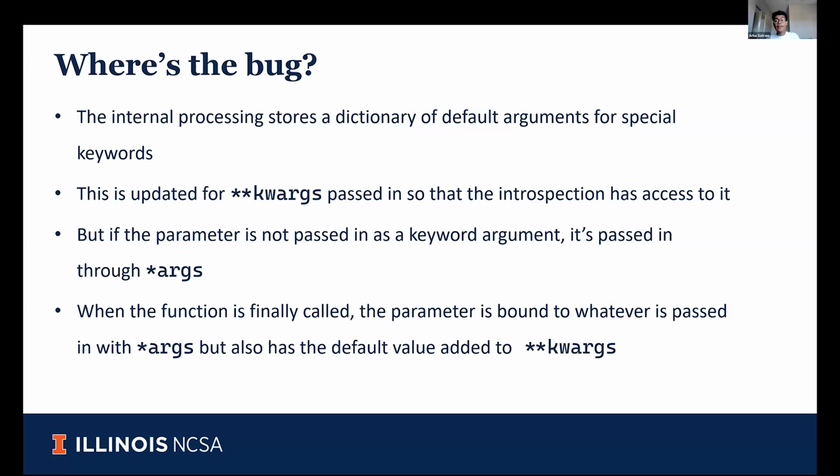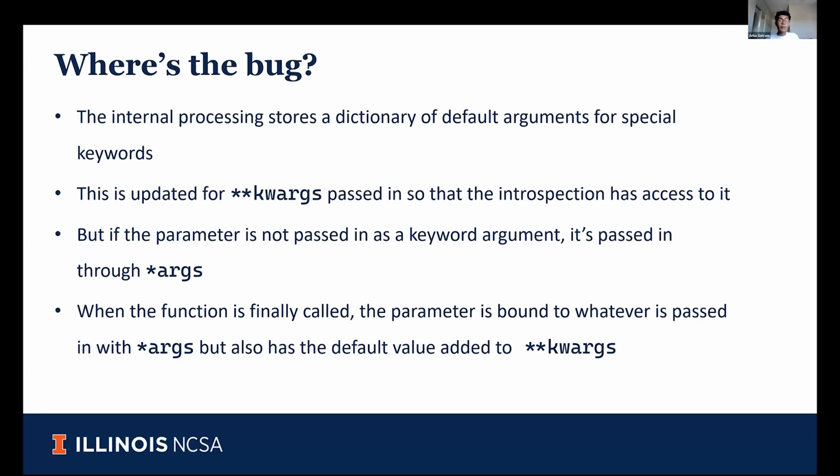But the problem is that if the parameters are not passed in explicitly as a keyword argument, it gets thrown in with regular args instead. So the keyword argument dictionary is updated with the default values, and then you also have it in args. Then when the function is called, you get it twice. The parameter is bound to whatever is passed into args, but then it also sees that you're specifying it in keyword args, and that's where you get the double definition of a parameter.